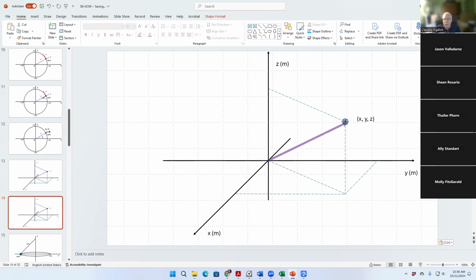Instead of X, Y, Z, it is going to be R. Let's see how I'm going to draw this thing here.